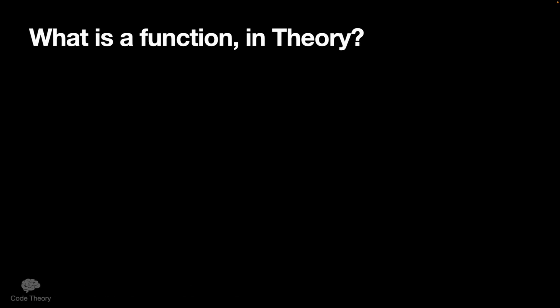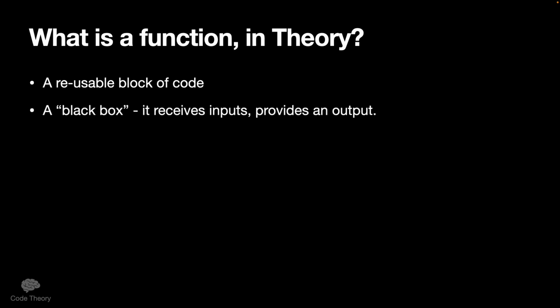Okay. Now that we've talked about scope, let's talk about functions. So functions in theory are reusable blocks of code. They are a black box that receive a set of inputs and typically return a single output. They accept for their input things called parameters.